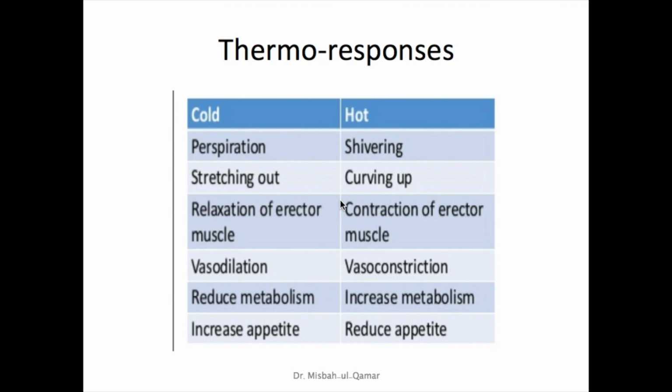These local cord reflexes carry impulses from the local skin receptors to the spinal cord and then take them back to the same skin area and its sweat glands. These reflexes include local vasoconstriction or local vasodilation and sweating.